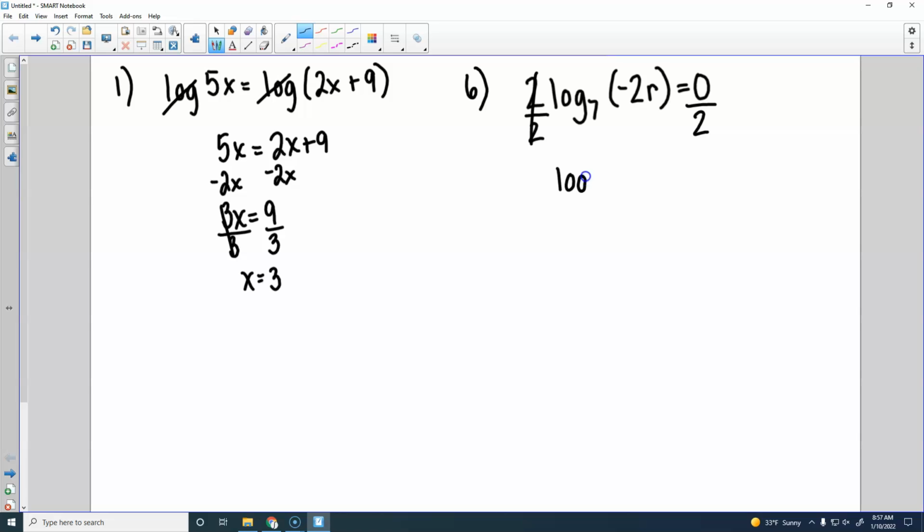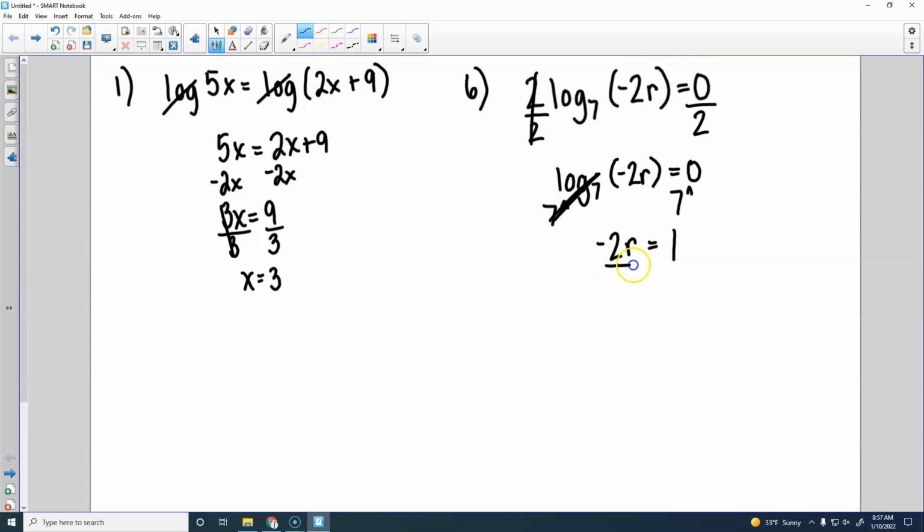So we got log base 7 of negative 2r equals 0. And then we are going to do 7 to that power to get rid of our log over here on this side. So we have negative 2r equals 7 to the 0, and anything to the 0 equals 1.